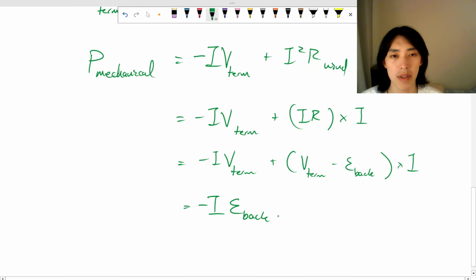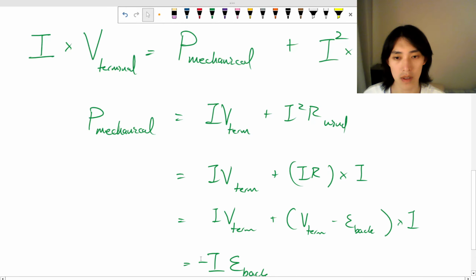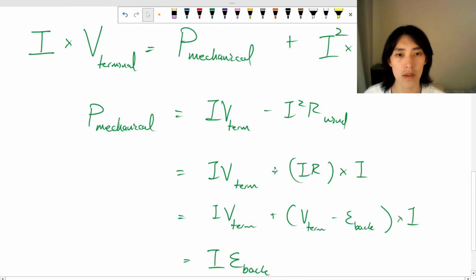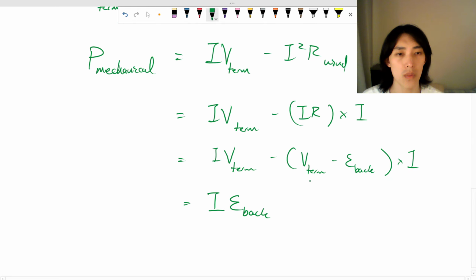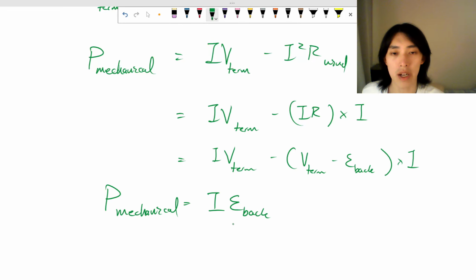I think I must have made a little bit of an algebra error somewhere here. Yes, sorry, this should be minus, so this is not minus. This is minus, sorry. And so we get P mechanical is equal to the current times the back EMF.